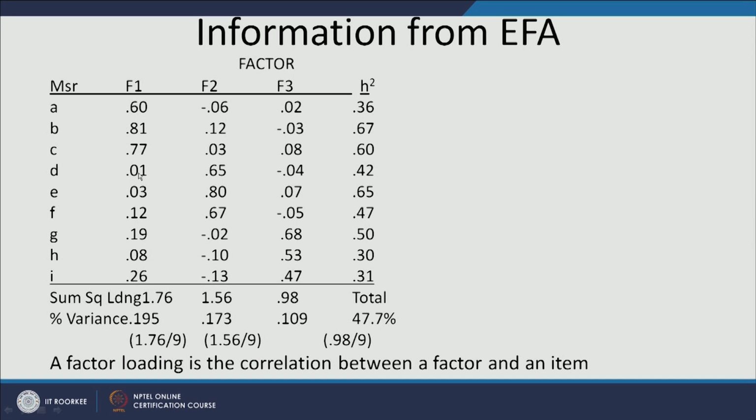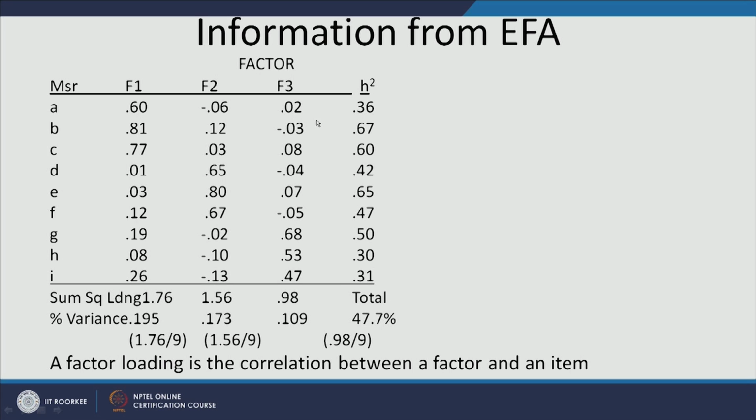D is not in the first factor, but in the second factor because the highest loading is in the second factor, E second factor, F second factor again. Now, G is in the third factor, H third and I third. So, these 9 variables have been distributed across the 3 factors evenly, 3, 3, 3.